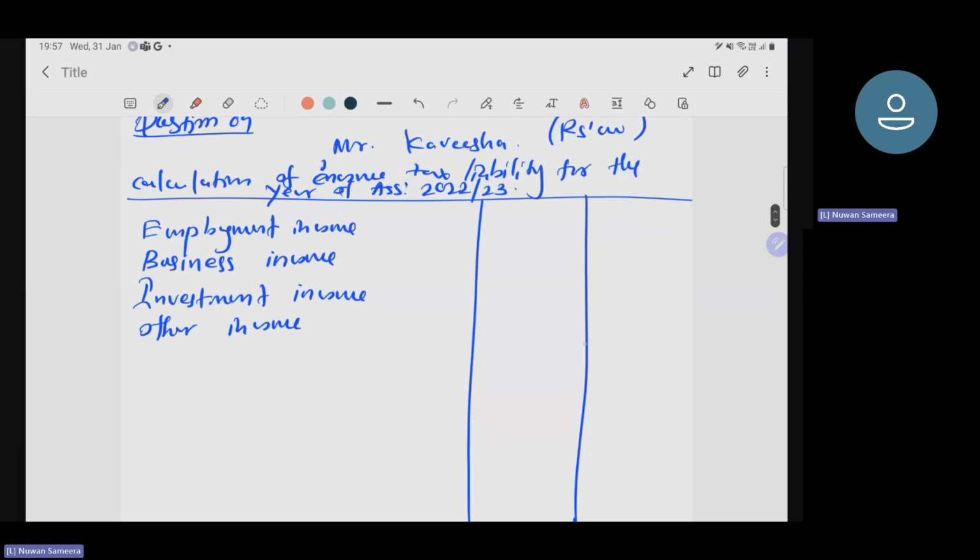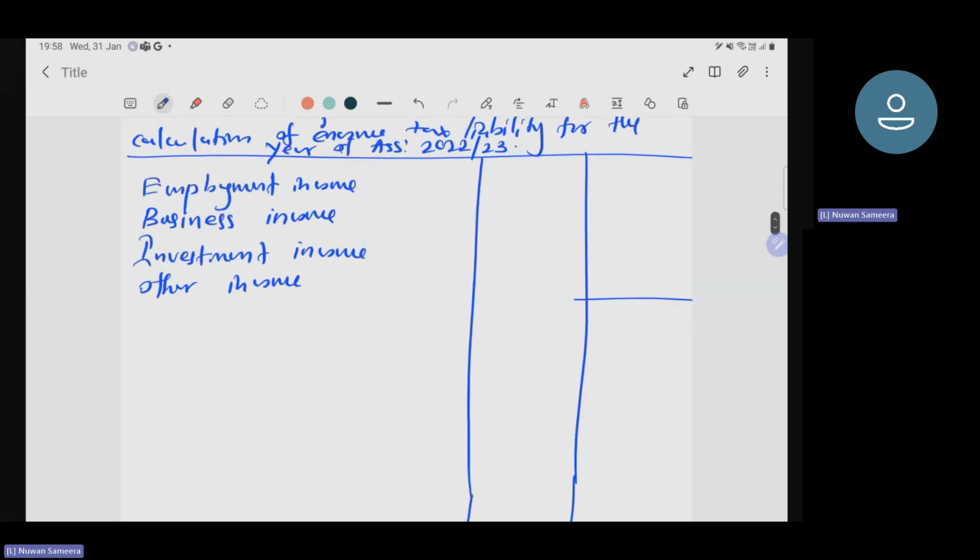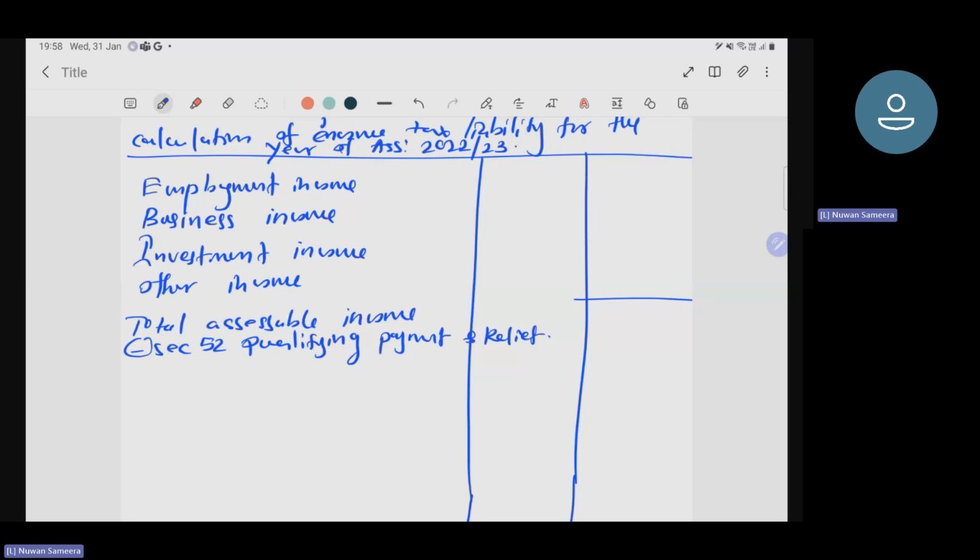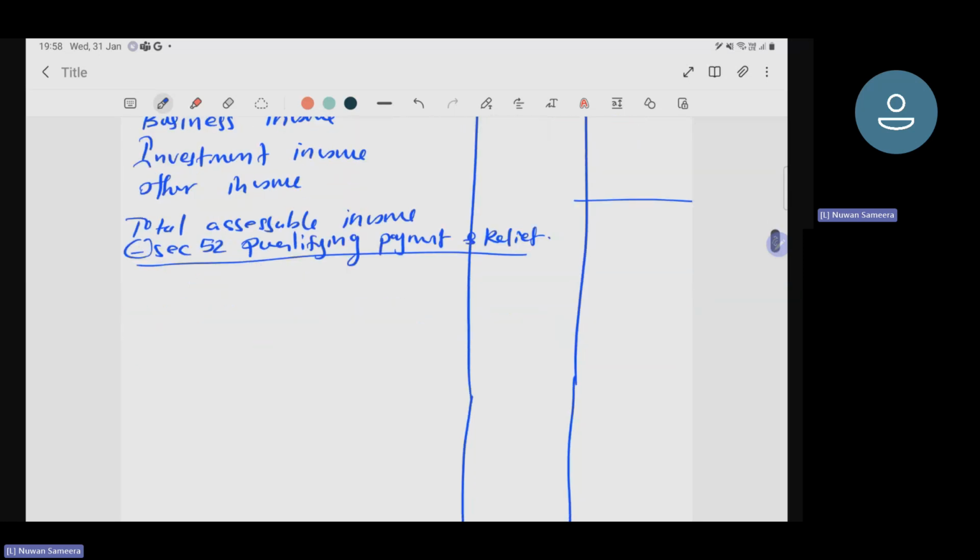In this case there was no other income, but I have included it in the structure. Then the total assessable income, from which you can deduct section 52 items, qualifying payments and relief. So we'll keep some space. If there are qualifying payments and relief, then we can do the adjustment.